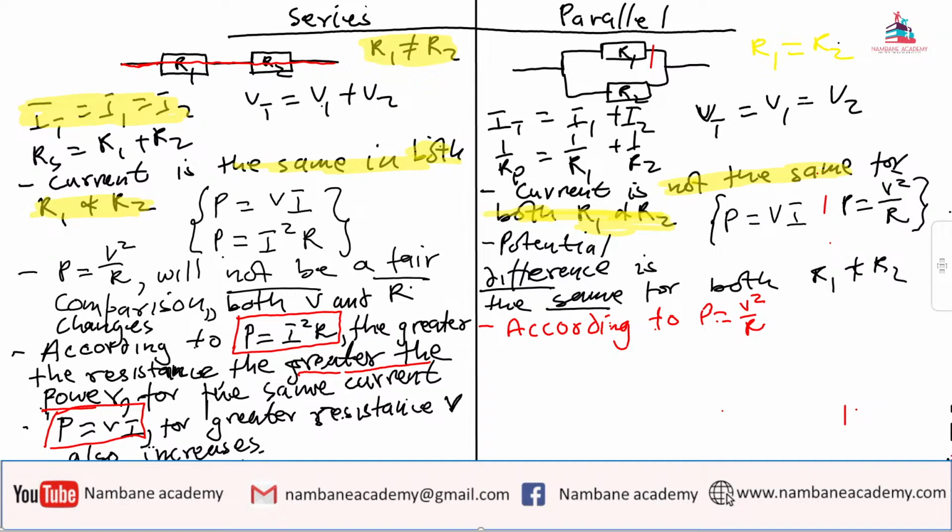So the potential difference is the same. So one variable must remain the same, and the only variable that is changing is R. Hence now, according to this particular equation. So I want you to see the importance of understanding these basics of V total equals V1 equals V2.